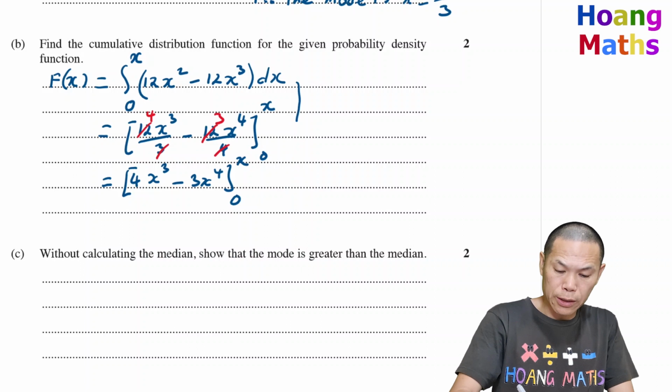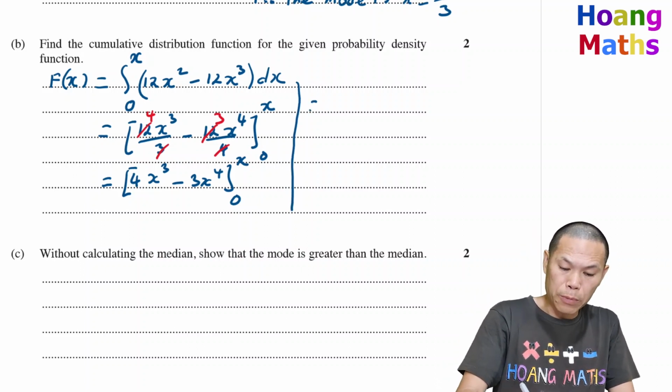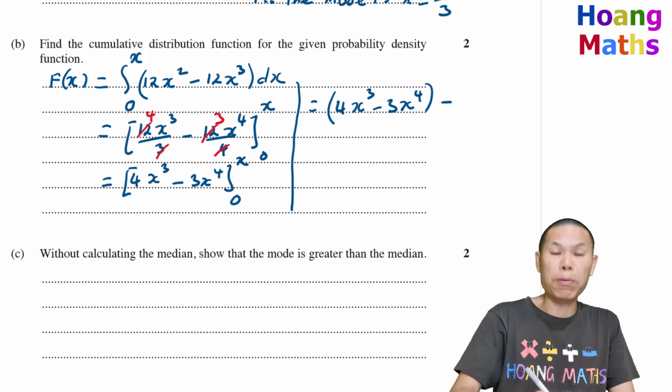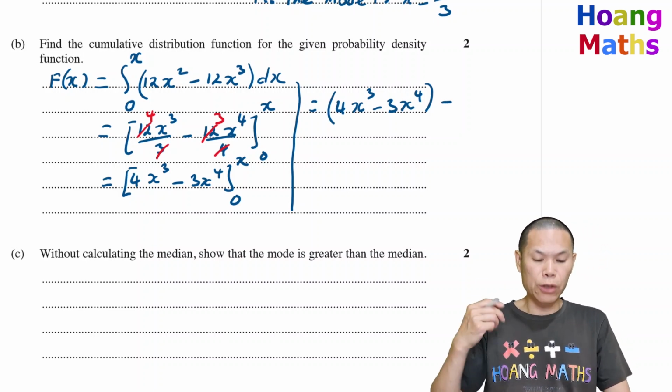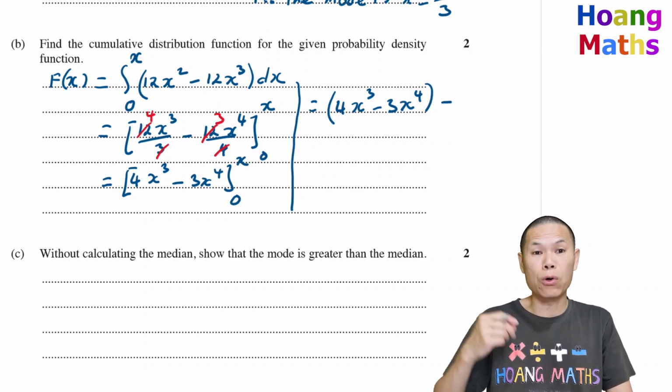Now we just substitute x and 0 into the function. x is replaced with x, so that still gives me 4x to the power 3 minus 3x to the power 4. And then we minus, replacing x with 0, so 4 times 0 to the power 3 gives me 0, and 3 times 0 to the power 4 is also 0.